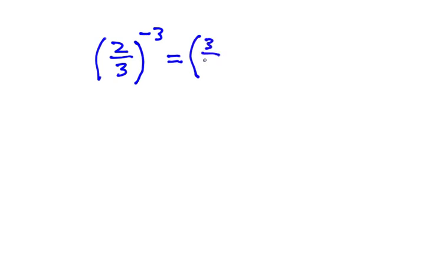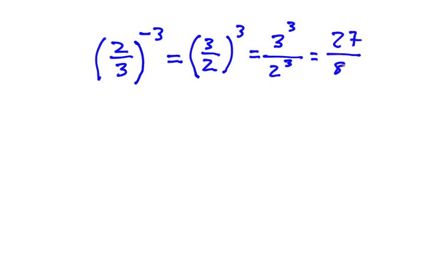So it becomes 3 over 2 to the power of 3. And then, knowing how this distributes, that means 3 power 3 over 2 power 3. So, 3 power 3 is 27, 2 power 3 is 8. So this is how it would work with a fraction.